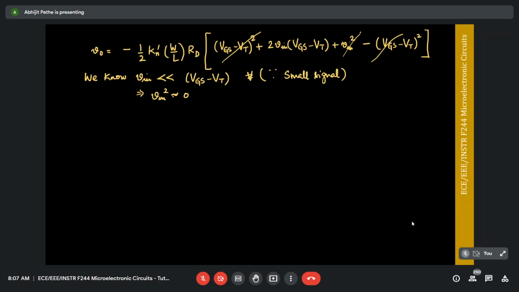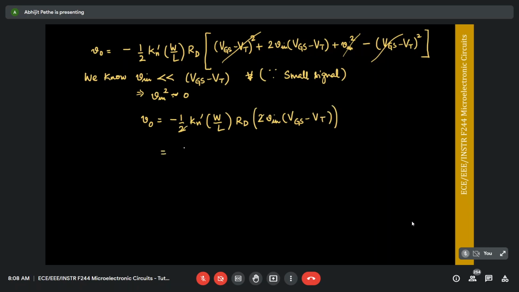If I neglect this term with respect to the rest of the terms, I get V0 is minus half Kn prime W by L RD into 2 times Vin times VGS minus Vt, right? 2 and 2 cancel.